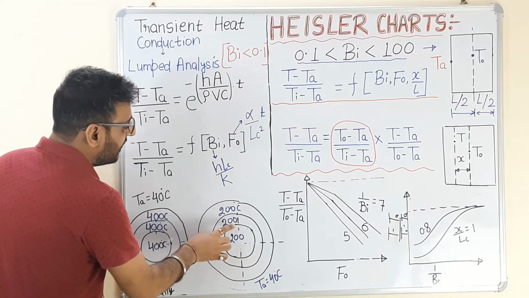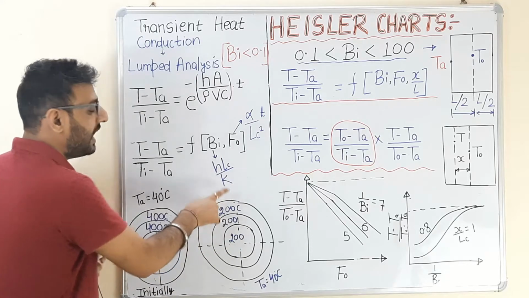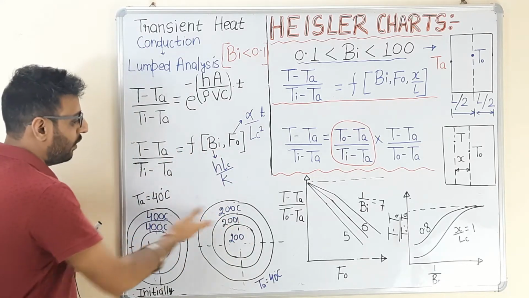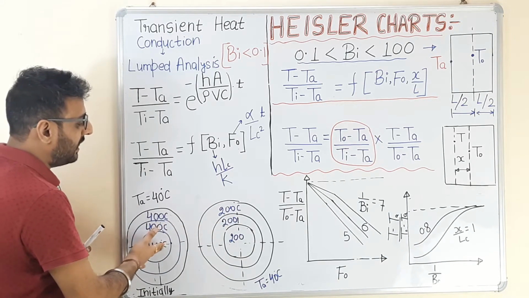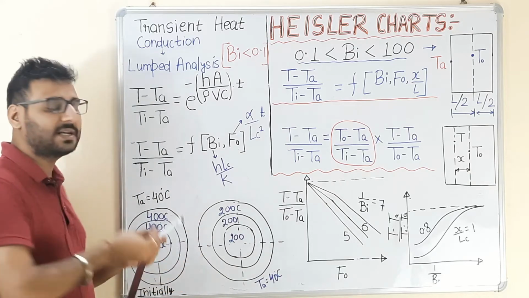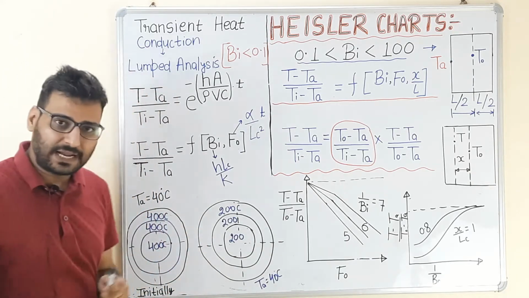Whatever the temperature is at the center of the body, the same temperature is at the outer surface. So we can determine the temperature at any time, suppose 5 minutes, 3 minutes, 6 minutes, by using this formula in lumped analysis.